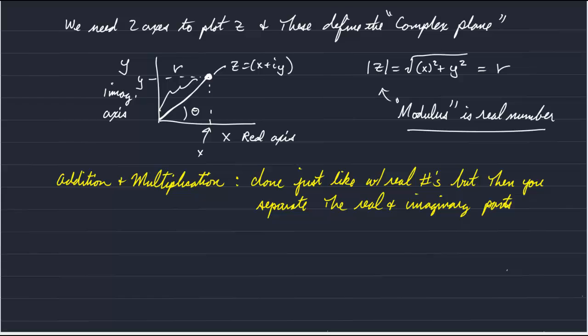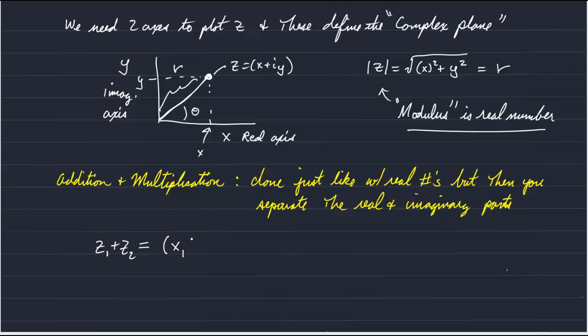So for example, let's consider the sum z1 plus z2, using our original Cartesian description of a complex number.